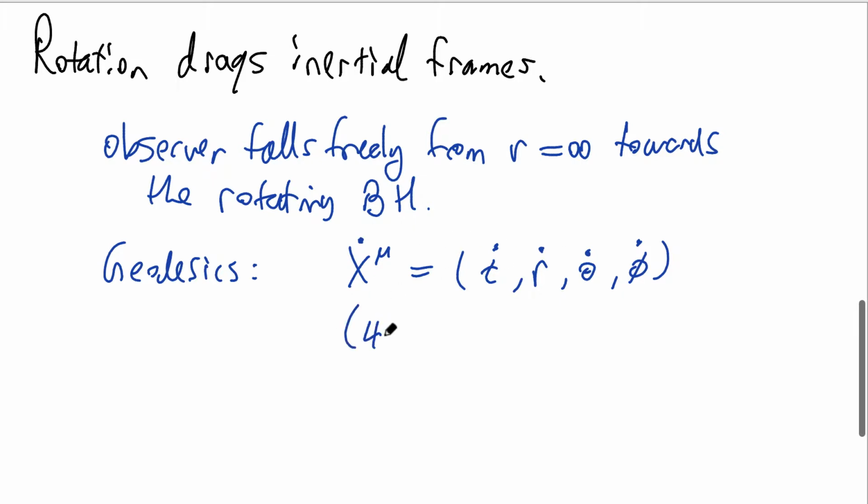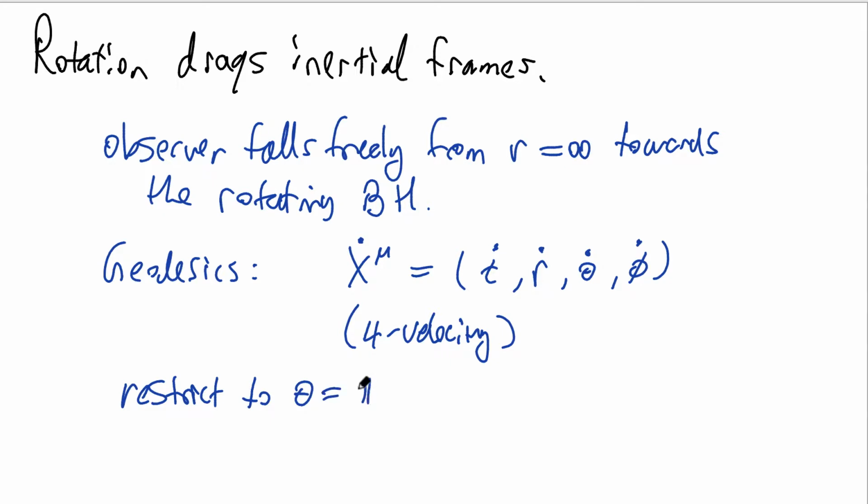So this is the forward velocity. And let's restrict the motion to the theta equal pi over 2 plane. So then, in particular, theta dot will be 0.